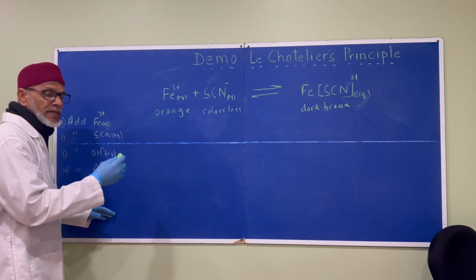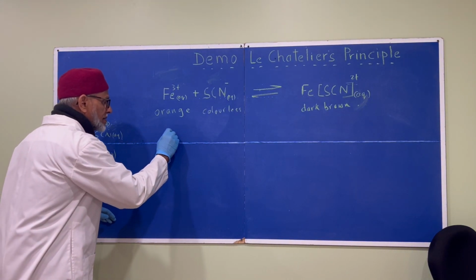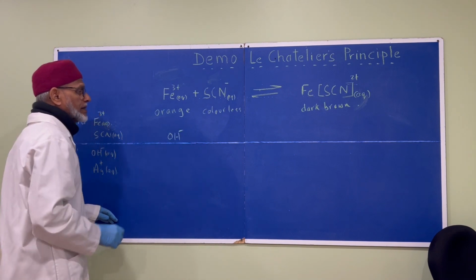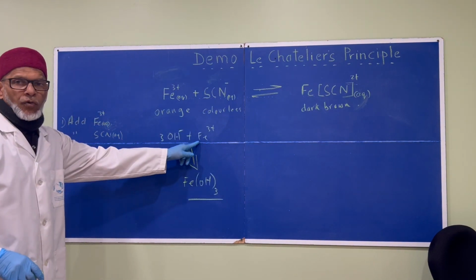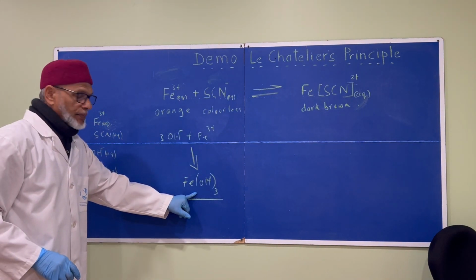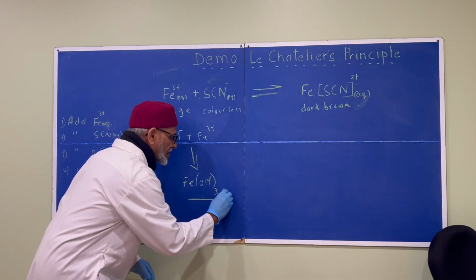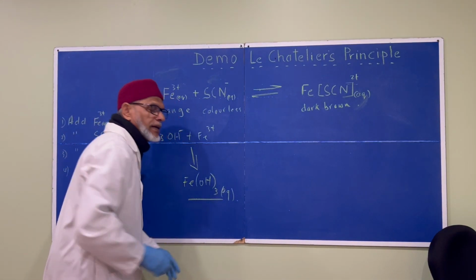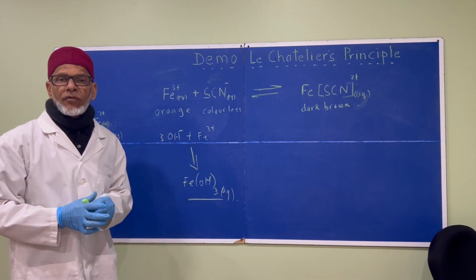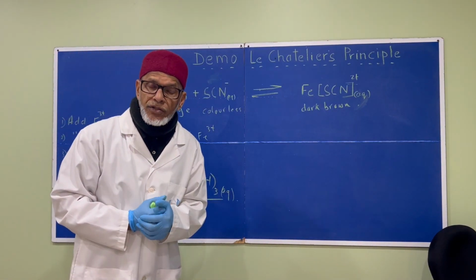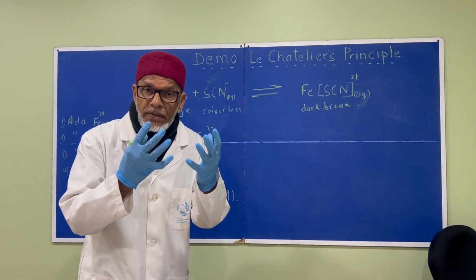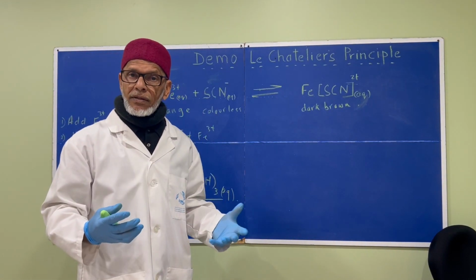And in the presence of OH ions, iron 3 ions are removed in the form of a precipitate of iron 3 hydroxide. That is one of the ways of removing an ion from solution, by precipitating it out of solution.